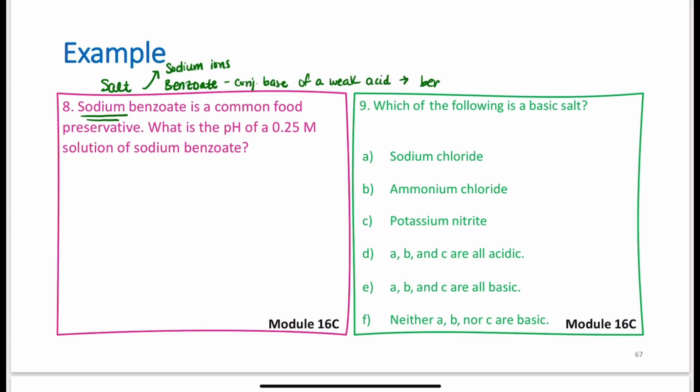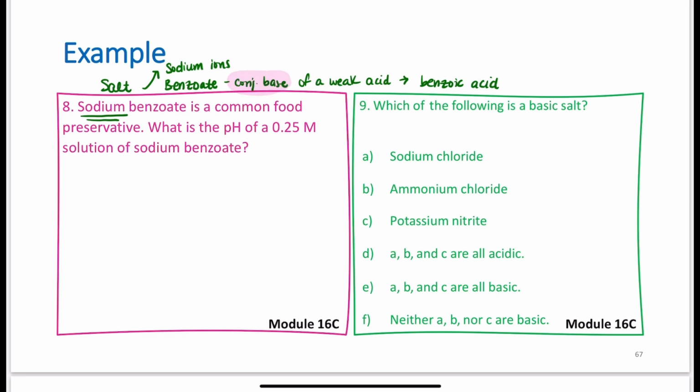Specifically, it's the conjugate base of benzoic acid. And again, how would I know that if I don't know what benzoate is or benzoic acid is? Well, because I know that it says sodium in front, and sodium means it's going to be a salt if it's not a hydroxide. It's just that simple.